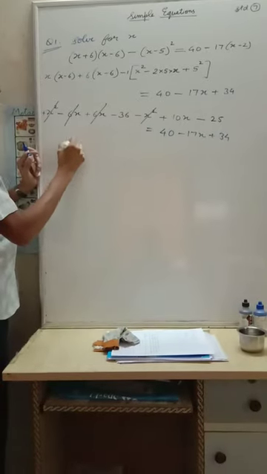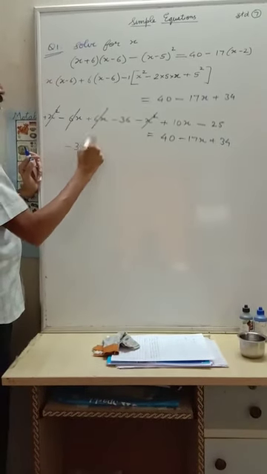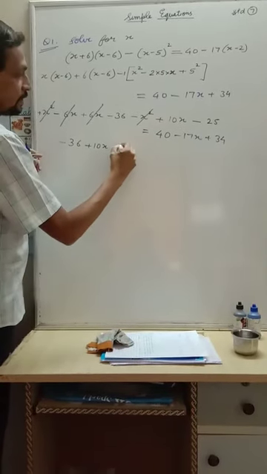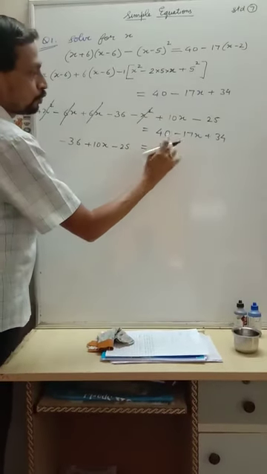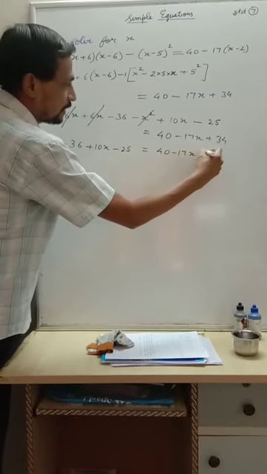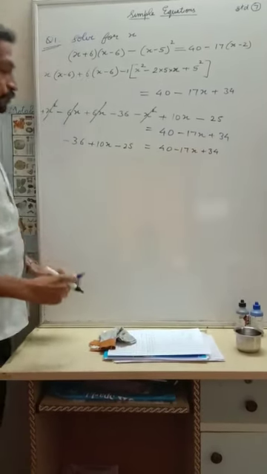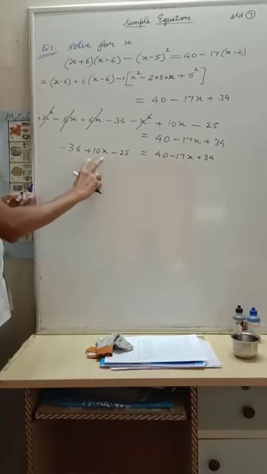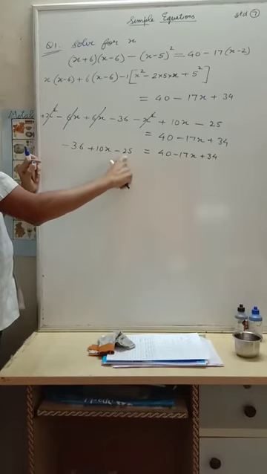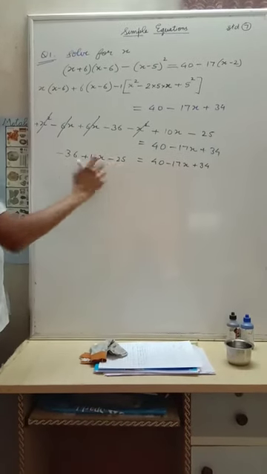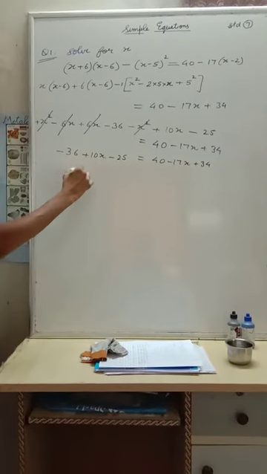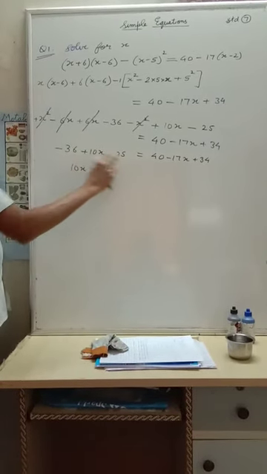So the terms which remain are minus 36 plus 10x minus 25 is equal to this right hand side, and that is 40 minus 17x plus 34. So next, now this is minus 36 and minus 25. You need to see this. This is minus, this is minus, so you have to add these.